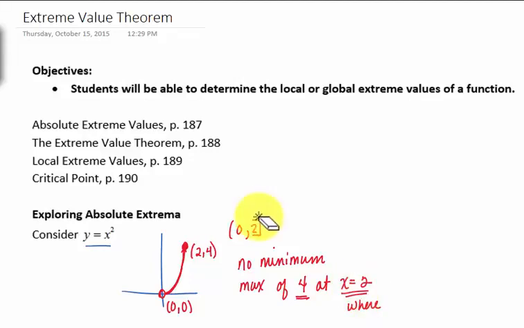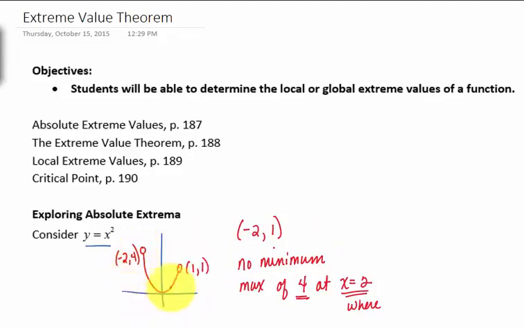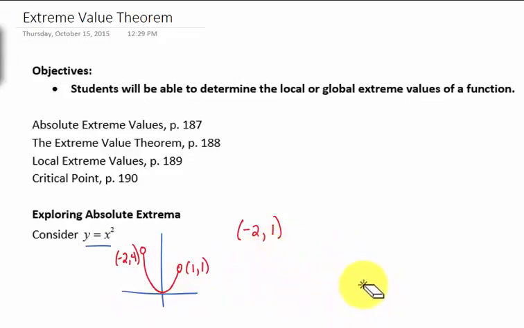Let's think about what would happen if we went from, let's say, -2 to +1, both open. So in this case, we're going to modify our picture a little bit here, and we've redrawn our picture with our new values. For this problem, we want to look and see if we have any maximums or minimums.